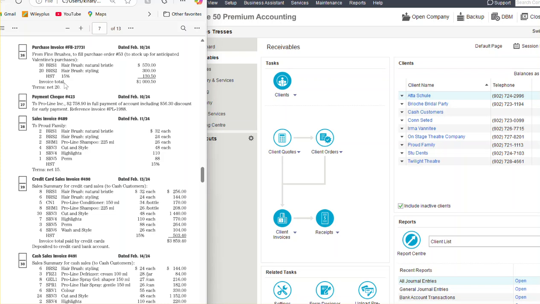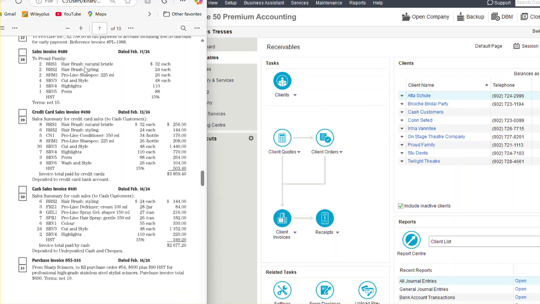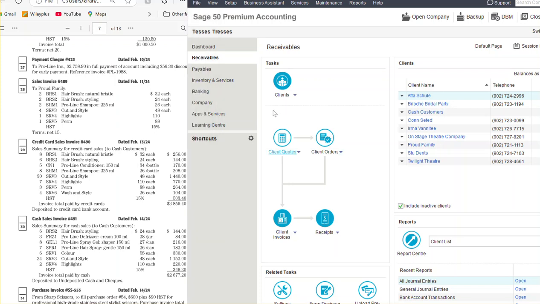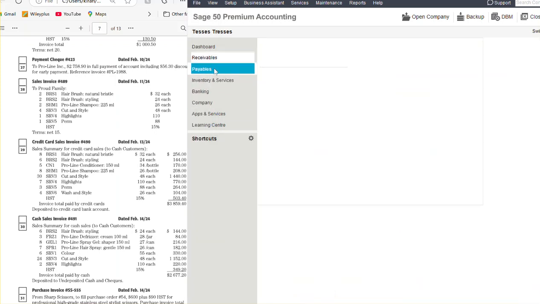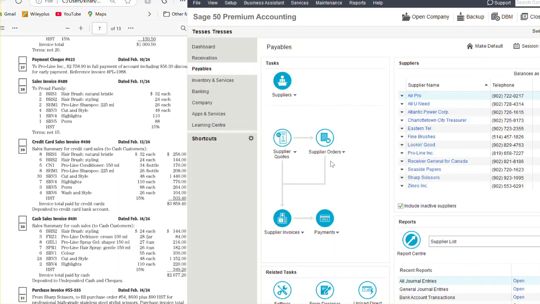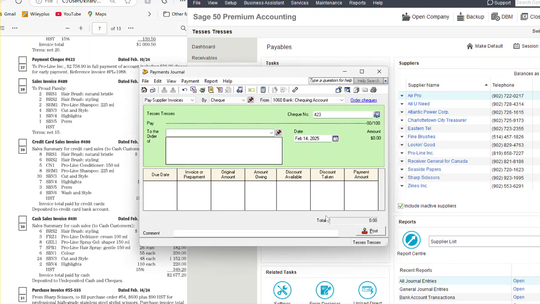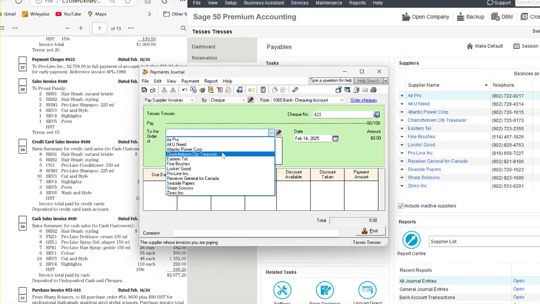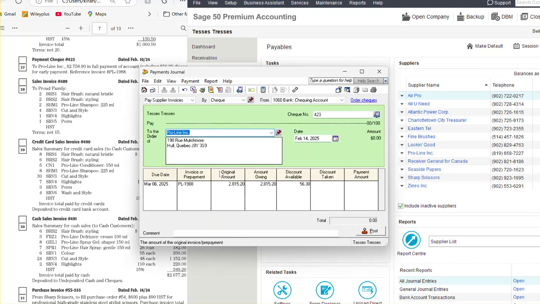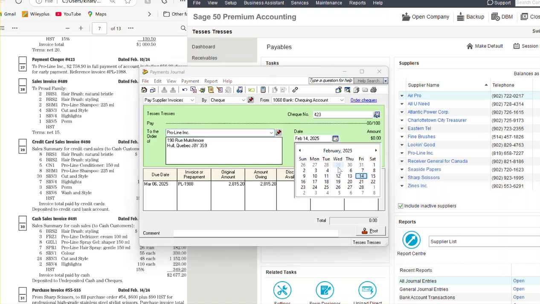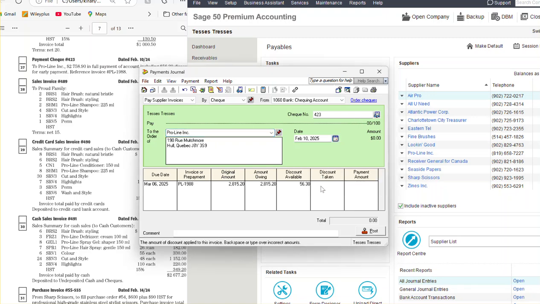Now we're going to go to a payment, and we're making a payment. So we're going to go to payables. We are making a payment to Proline. Invoice number is this, and the date is February 10th. Again, you go from the left to the right.